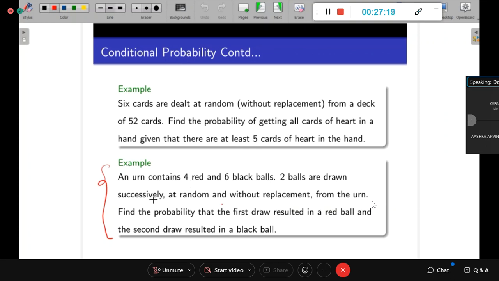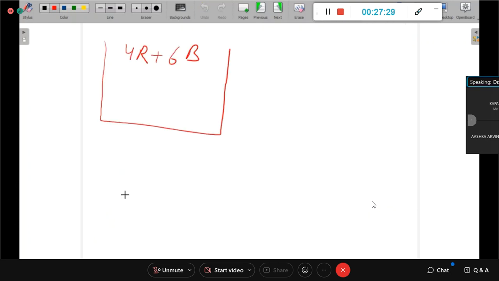Find the probability that the first draw resulted in a red ball and the second draw resulted in a black ball. It's very simple to go with conditional probability, and there are various ways to handle this problem. The very simplest way: the total number of balls is 10.